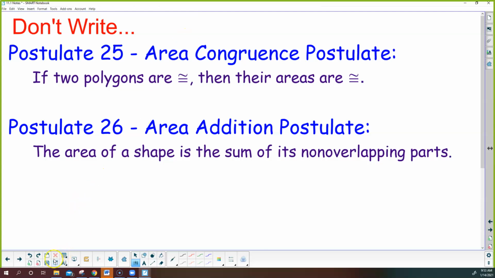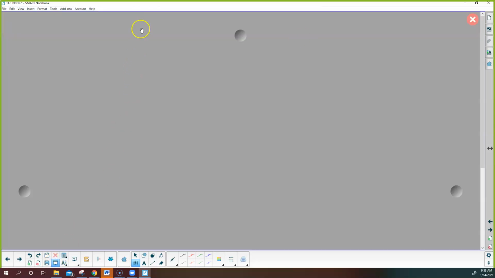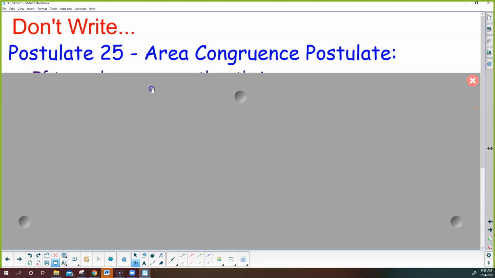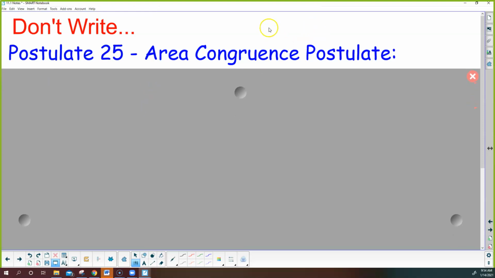I don't want you to write these. These are kind of common sense pieces. It's called the area congruence postulate. So what if I tell you I have two shapes, and these two shapes are congruent by side, side, side.